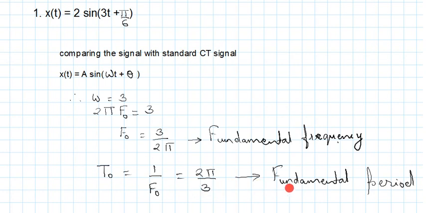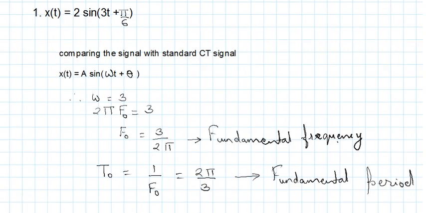So what do we understand here? That the given signal x(t) is periodic and it repeats after a time period of 2 pi by 3. So t naught indicates a period of 2 pi by 3, after which the signal repeats. After every 2 pi by 3, we see a repeating pattern in the given signal x(t). Now let us go for the second example.